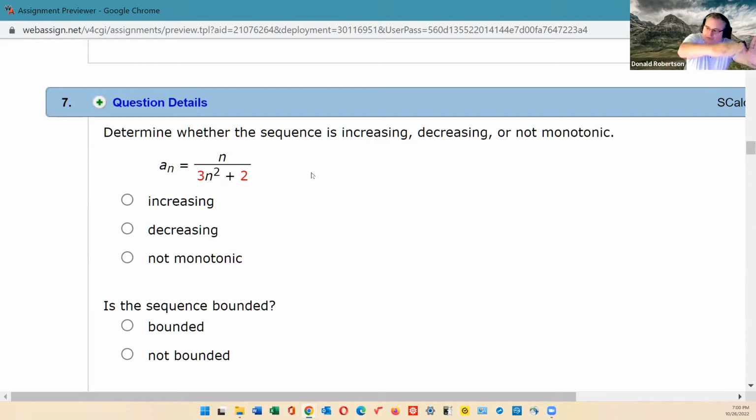And if you had a curve that was always going downhill, it would be decreasing. If you had a curve that went uphill, wouldn't it be increasing? And if it went up and down and up and down, it only needs to go up and down once actually to be not monotonic. Which one of those three do you think we're going to be dealing with here? Something that's getting bigger and bigger, something that's getting smaller and smaller, or something that kind of goes up and down a bit? What's your gut feeling for that function?